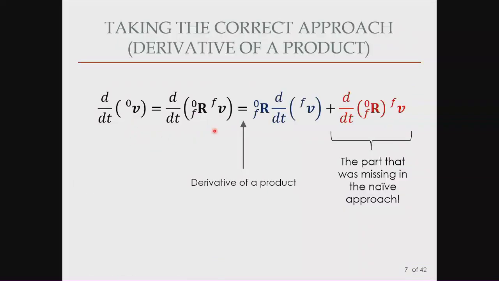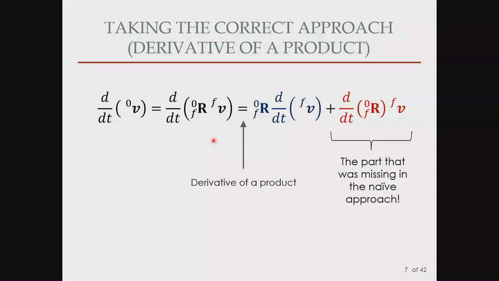Now, look at this formula here, this equation. This V stands for a vector in general, just any vector, not velocity, any vector. So this V is expressed in frame 0. Imagine, for the sake of this lecture, frame 0 to be always a stationary frame. And this F stands for a frame other than 0, so a rotating, a moving frame.